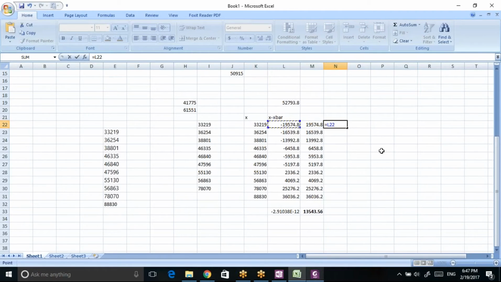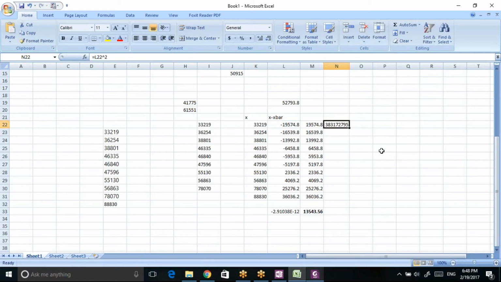We select the value, we put this cap sign, which is shift 6, and then 2. Now just drag it.